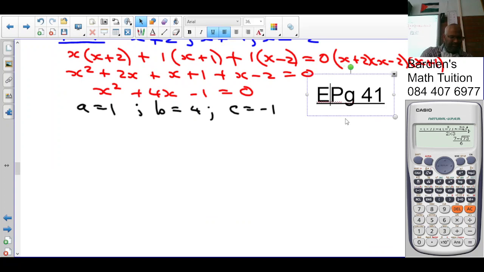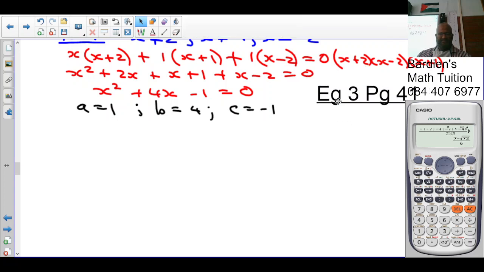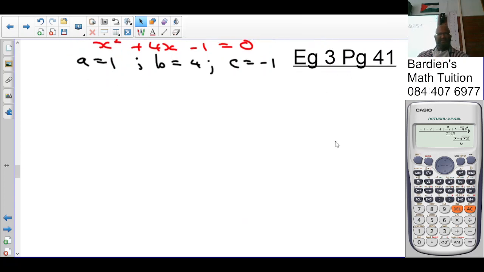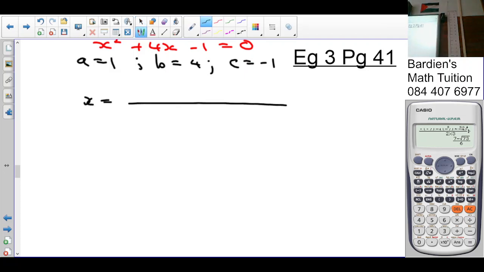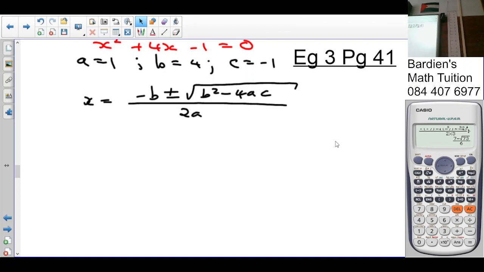x is equal to? Minus b plus minus the square root of, minus 4ac, over? Do your substitution quickly.